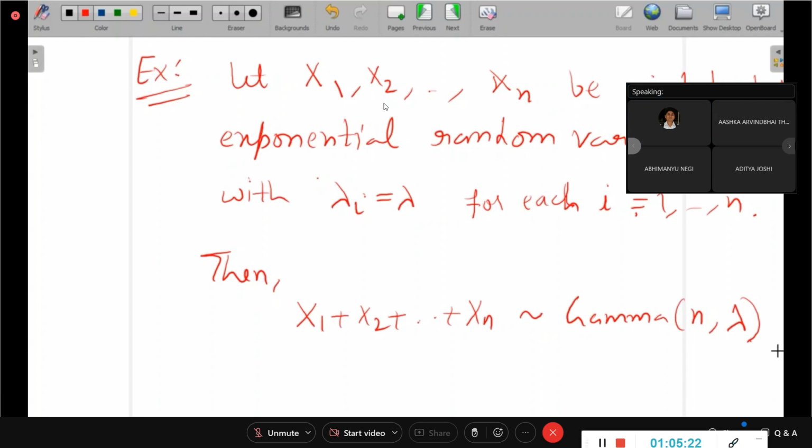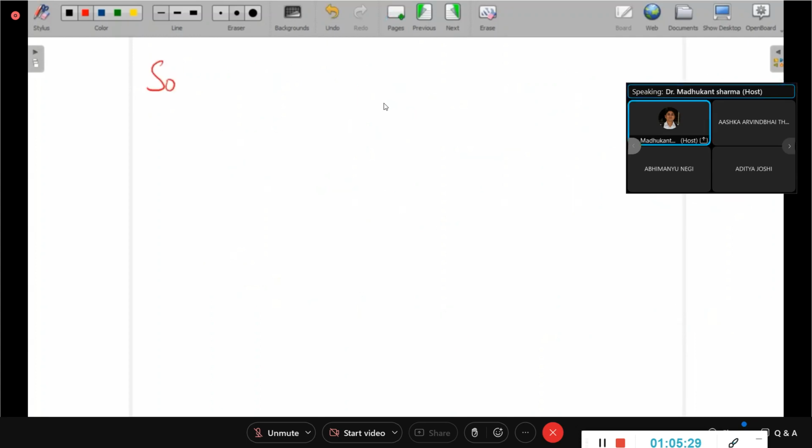So here we will take the help of the moment generating function. For this solution, let Y equal x1 plus and so on plus xn.